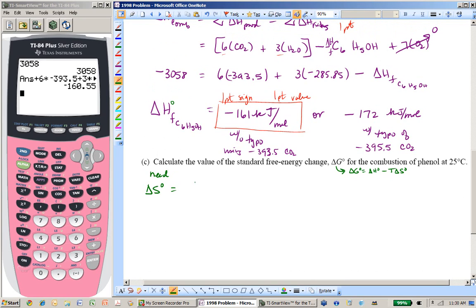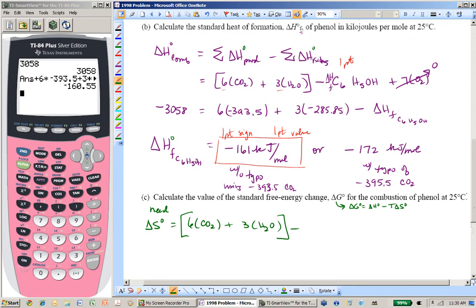So I've got to set this up. I need 6 times CO2's entropy value plus 3 times water's entropy value. That is the sum of the products. And I'm not going to write that down again because I've kind of shown my ability to do this up front. But just for clarity, this is the sum of the delta S, not H, delta S of the products minus the sum of the delta S of the reactants.